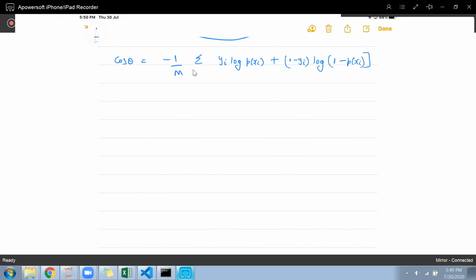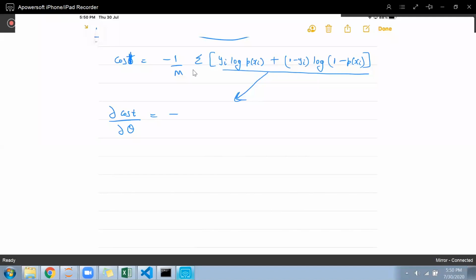Now what will I do? I will just take this term, and I'll find the differentiation of this. So I will do the differentiation of this cost with respect to the theta that I have.